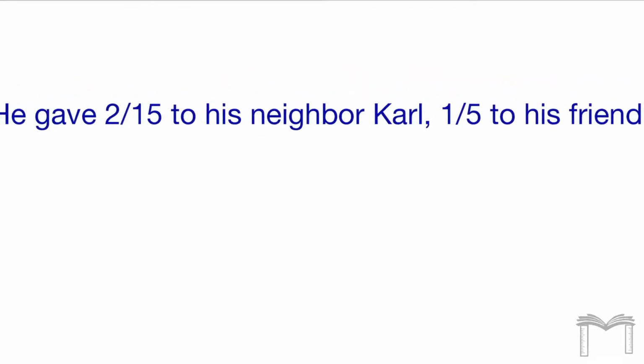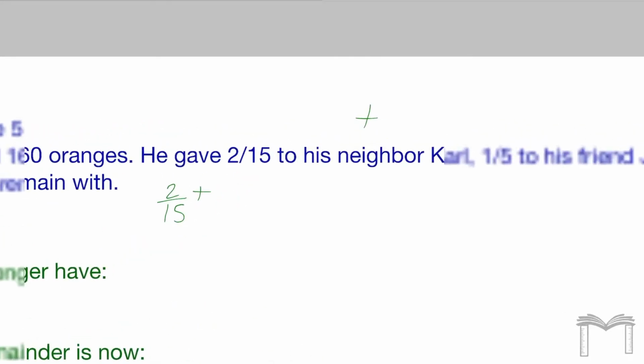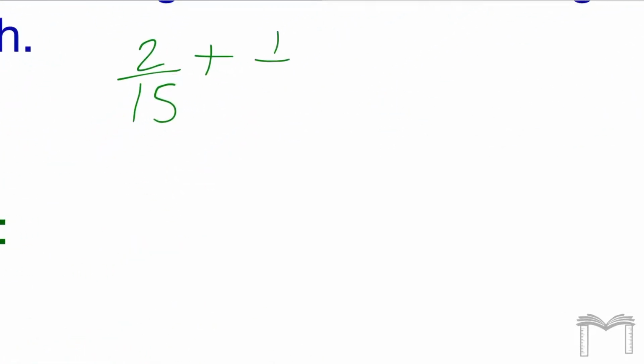So we're going to add these two fractions together. 2/15 plus 1/5. We're going to change the 1/5 to 15ths by multiplying by 3 both on top and below to make it an equivalent fraction.